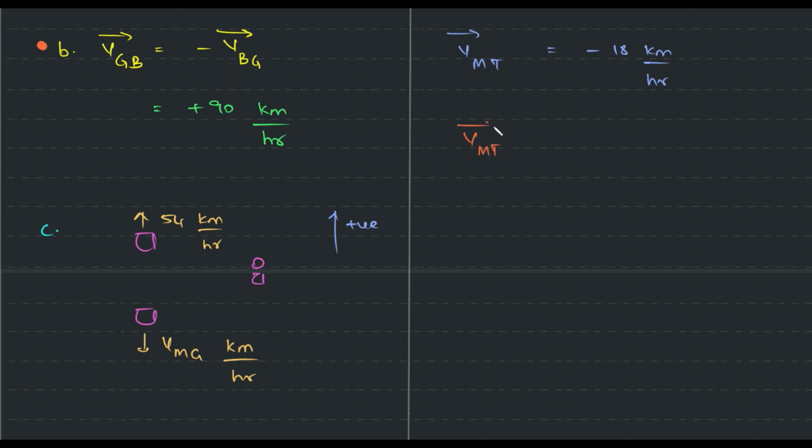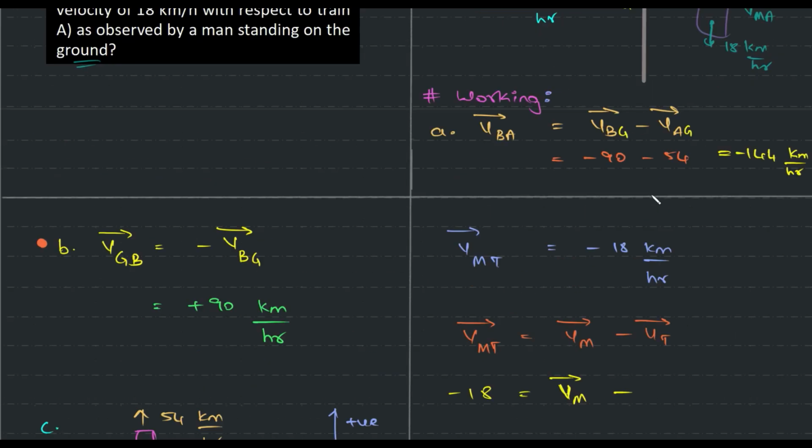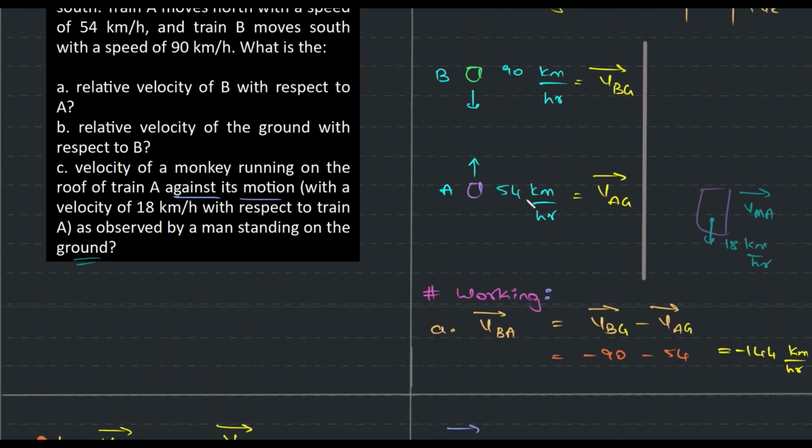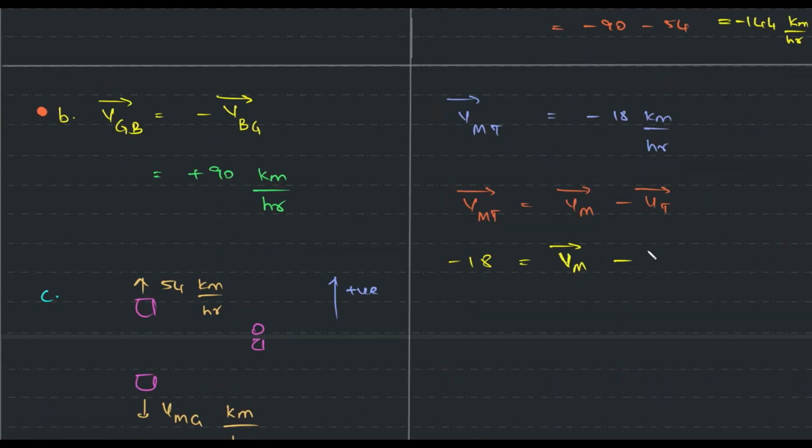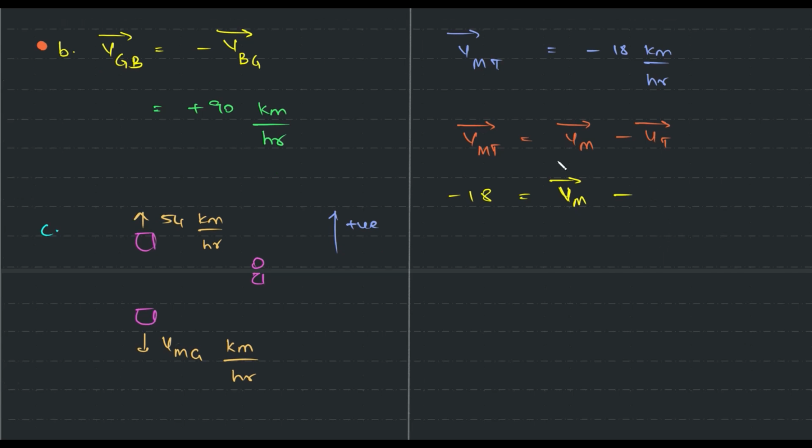So the velocity of the monkey with respect to the train is given by the velocity of the monkey with respect to ground minus the velocity of the train. So this is minus 18. This is unknown, and the train A is 54, that's positive.